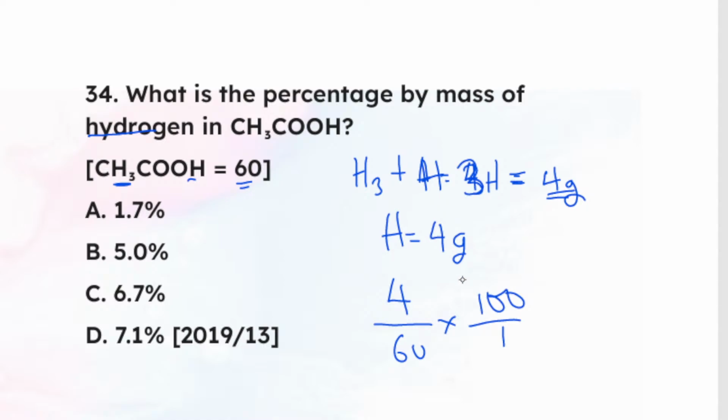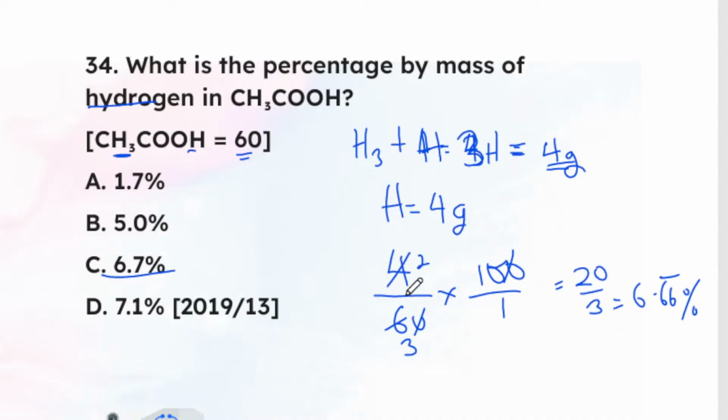And that's very straightforward. So you can punch this in the calculator. You can cancel out the zeros. You can do 2, and this is 3. So you're going to have 20 over 3, which will be 6.66, a repeating decimal percent. So you can see an approximation here. So that will be your answer. Okay.